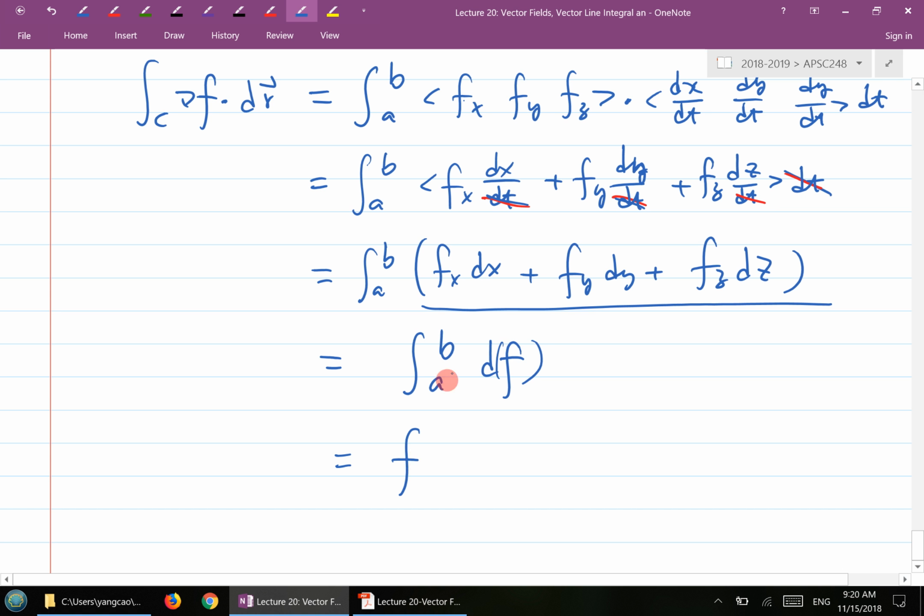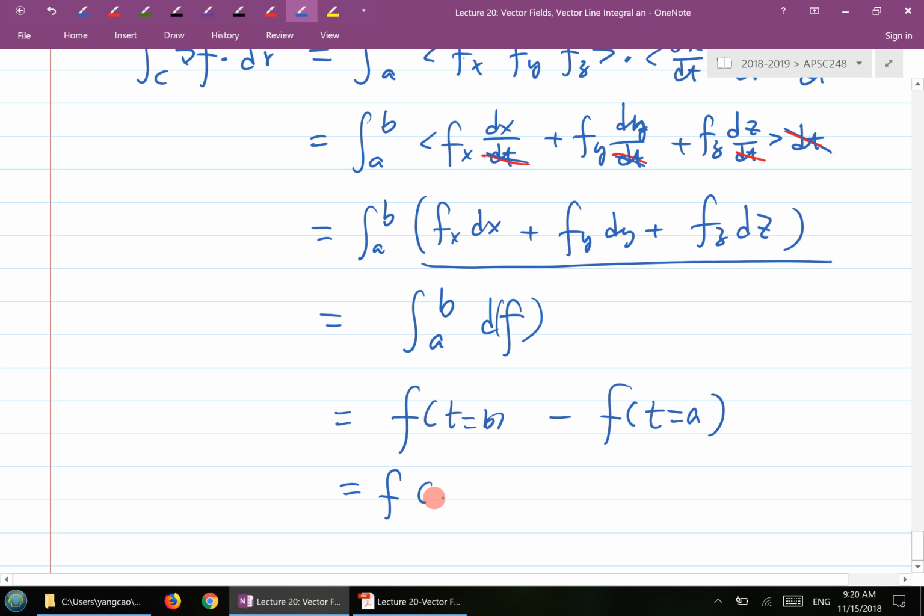This basically means f at t equals b minus f at t equals a, which is essentially the f value at P1 minus the f value at P0. So that's the proof.